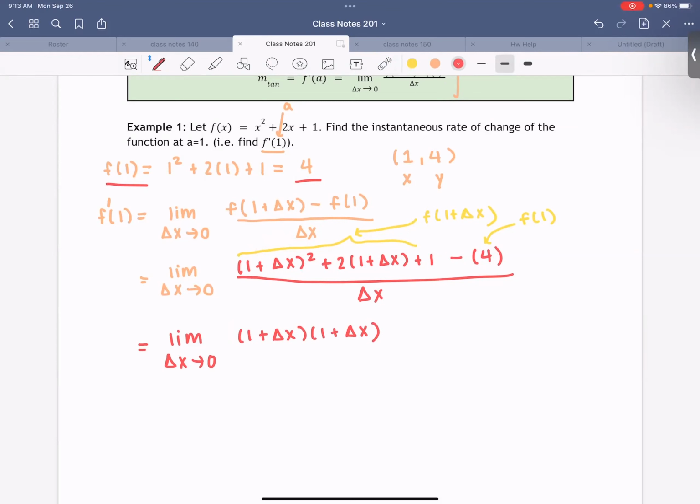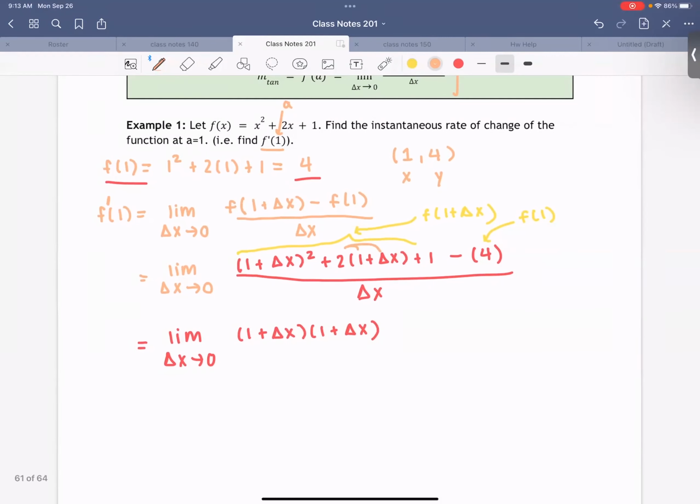Okay, what can I do with the 2? 2 times (1 plus delta x). What can I do with that? Distribute, good. So I can take my 2 here and move it to the 1 and the delta x. So plus 2 plus 2 delta x. And what's 1 minus 4?